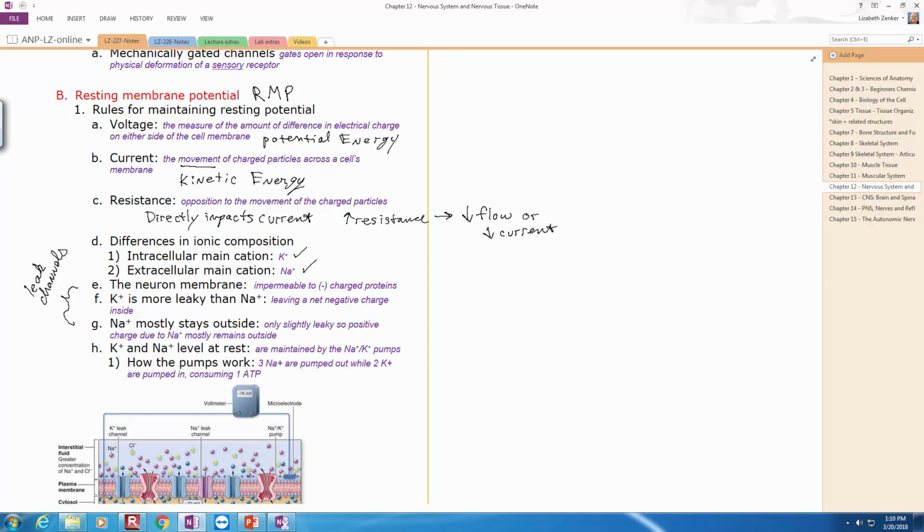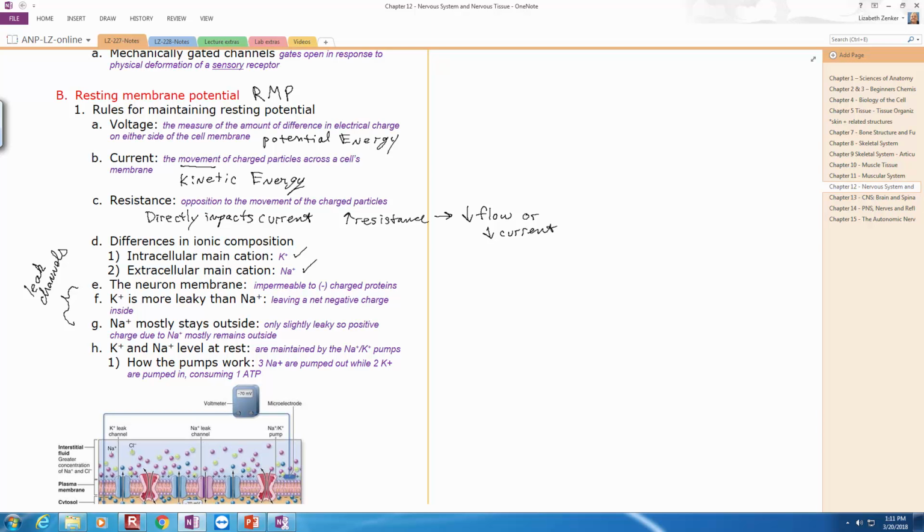So what opens and closes the various ion gates that we've been talking about, just as a review? We could have gates on the cell body, and we can have gates on the axon. What we're going to learn is the gates on the cell body are chemically gated, and the gates on the axon are voltage gated.